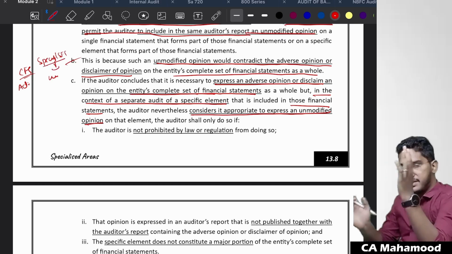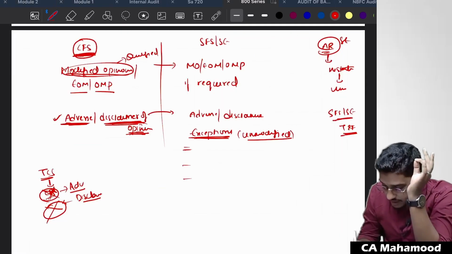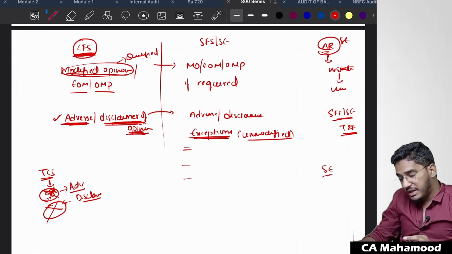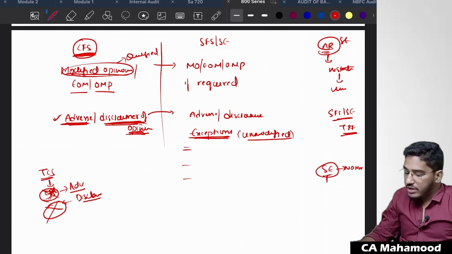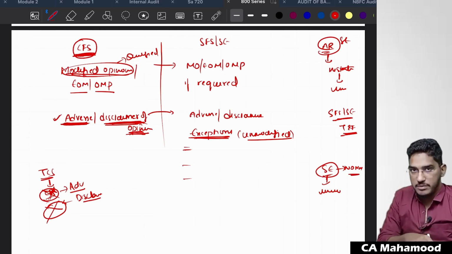Whatever specific element I have audited in a separate assignment, in that specific element there is no material misstatement. I want to give an unmodified opinion on that specific element of the financial statement, even though I have given adverse or disclaimer on the complete set of financial statements.